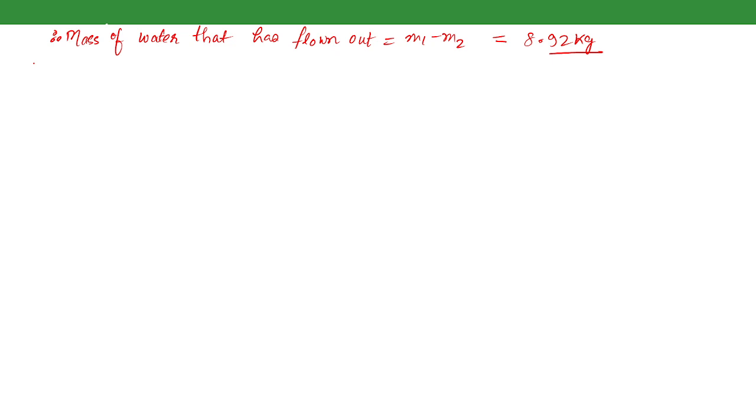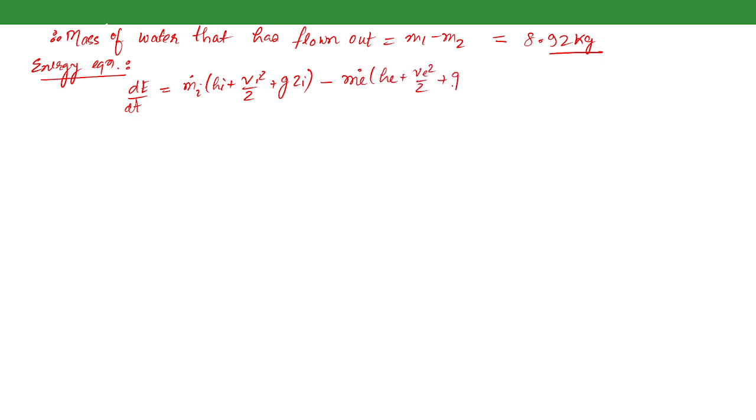Now, if we write the energy equation for the process, then dE by dt is equal to mi (hi plus vi squared by 2 plus g zi) minus me (he plus ve squared by 2 plus g ze) plus q dot minus w dot.